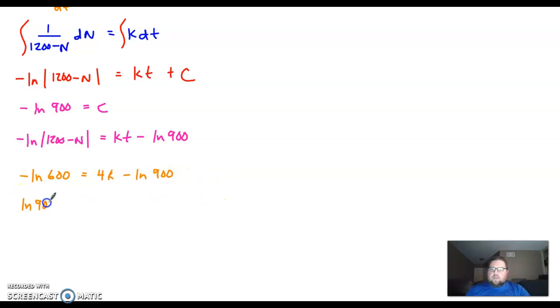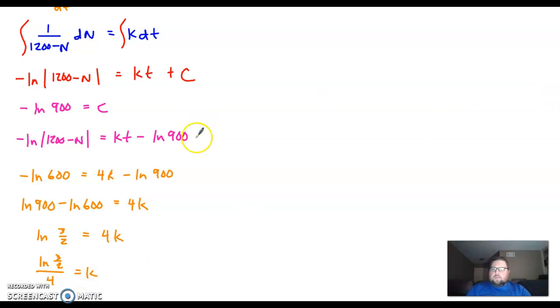We end up with natural log of 900 minus natural log of 600 is equal to 4k. Those logs combine together into 900 divided by 600, which reduces down to 3 over 2. And then we divide by 4. So natural log of 3/2 over 4 is equal to k.